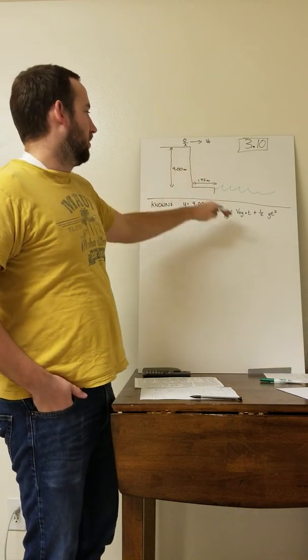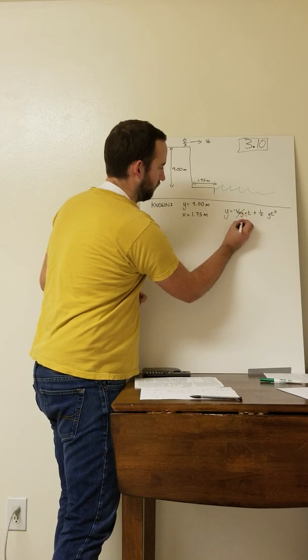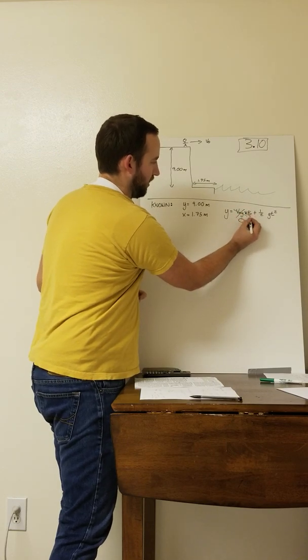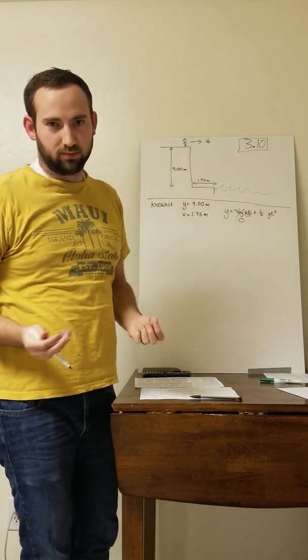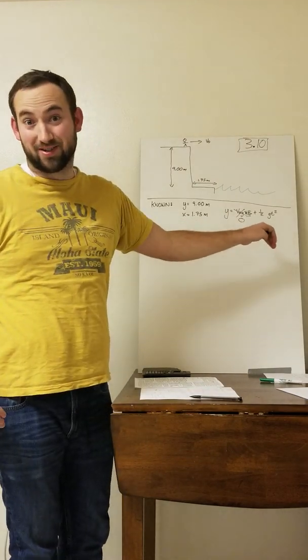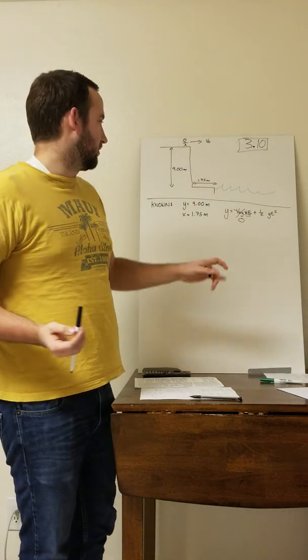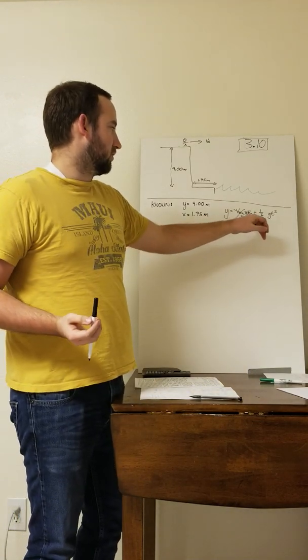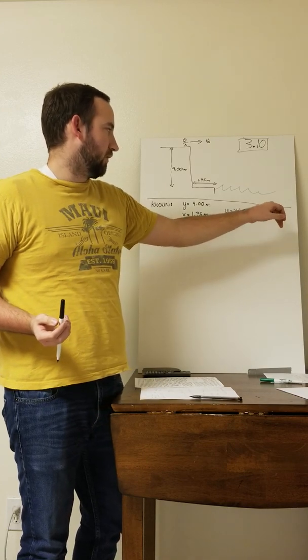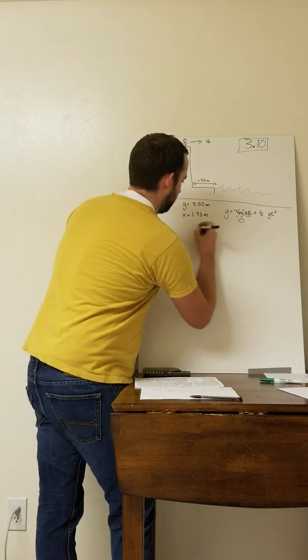That means the time term cancels out, because anything times 0 is 0. That clears up our equation quite a bit. So it's y equals 1/2 g t squared. I'll rewrite that just to clean it up a little bit.